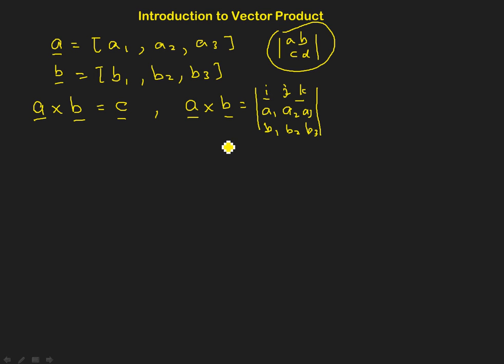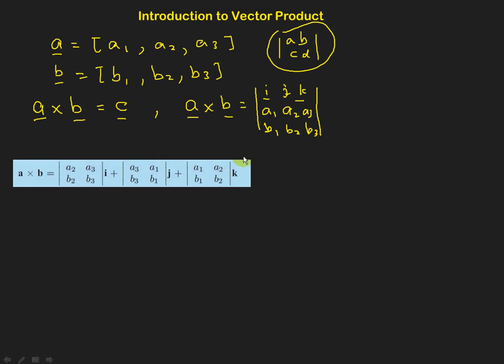There's another simpler way to do this, because a 3 by 3 determinant is not easy to find. So we have a formula to help us remember this. And of course, you can write this down in your reference sheet for when you go for assessment. This is in ijk form, and you can also express it as follows.